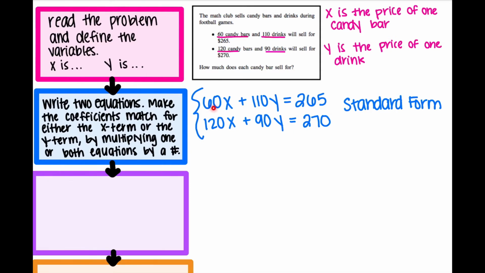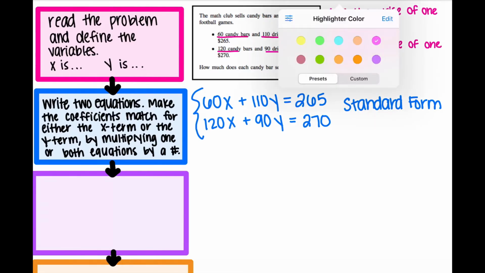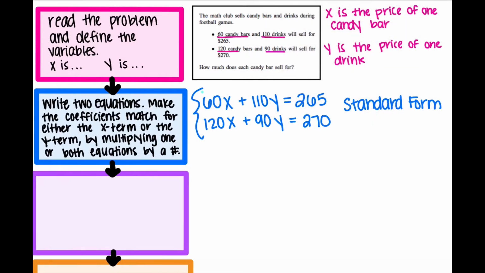When I look at these coefficients, I see that 60 and 120 can easily be made to be the same number if I multiply 60 times 2. So since we want to multiply 60 times 2 to make it be 120, we have to carry out that process to every term in that equation.